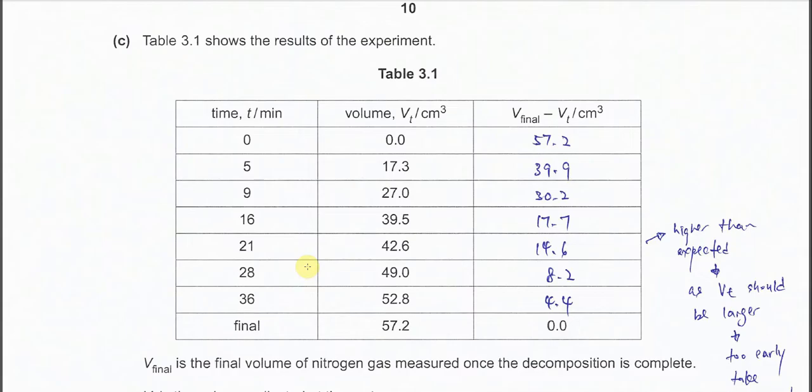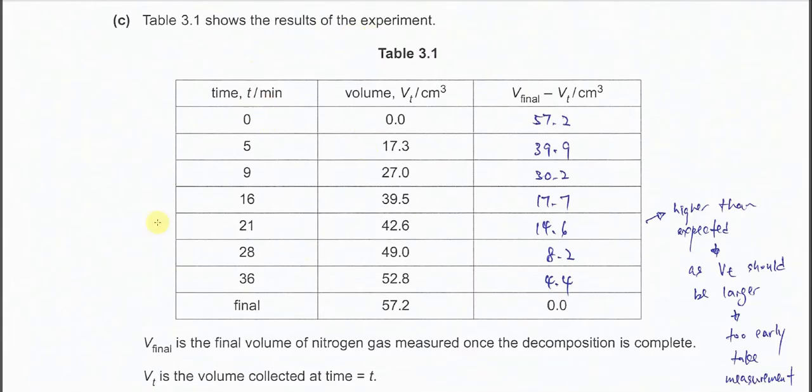Part C. Table 3.1 shows the results of the experiment. We have the different times, the final volume when the reaction is done, and the volume produced at different times. Of course, it's going to be more and more, added up from time to time.